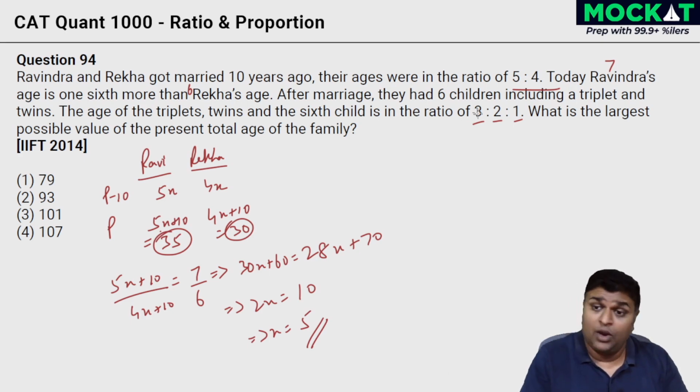We need to remember that. So what is the maximum possible age I can give for the triplets, the highest over here? We need to remember that they got married 10 years ago. They haven't explicitly mentioned, but you need to understand that they had these kids after their marriage, right? So therefore, what is the max I can give? They can't exceed 10 years, right? A 3 multiple I should look for.